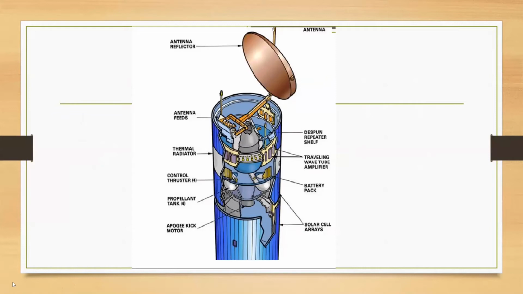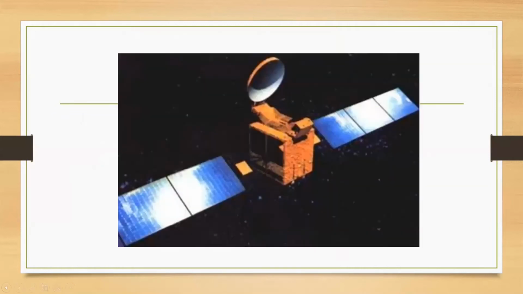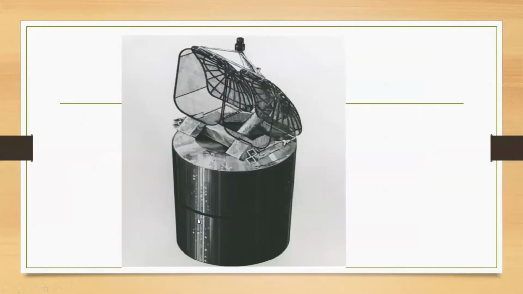So where will the panels be placed on this satellite? They will be placed on the surface, on top of the surface. So what is happening is, whichever surface is exposed to the sun, suppose this is my sun, only the portion which is actually in front of the sun will be able to produce power.